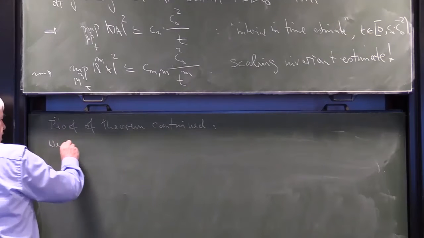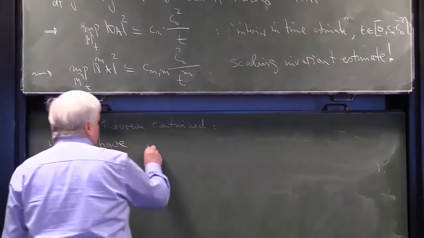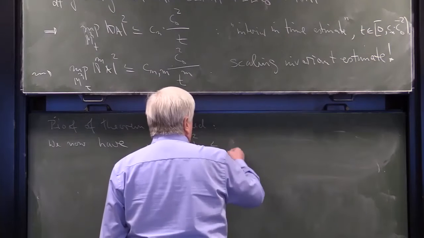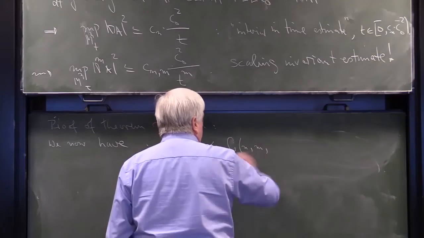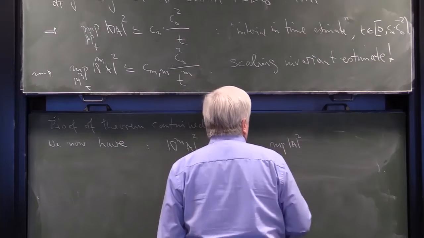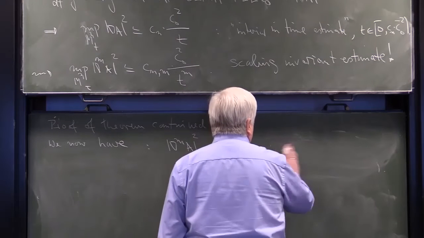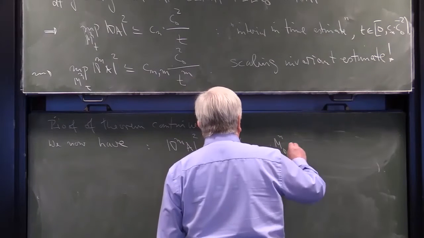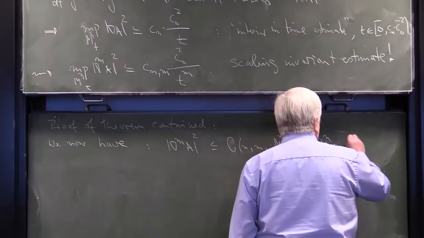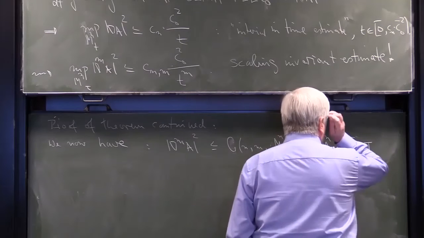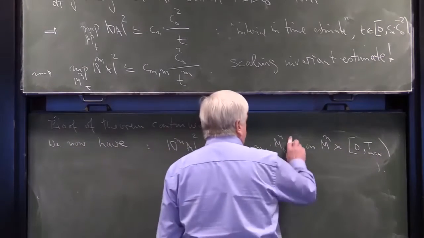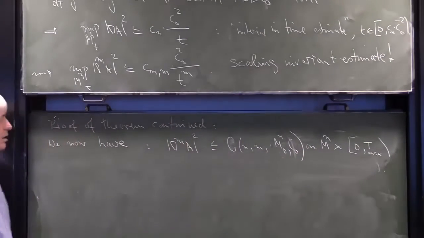We now have that the nth derivative of A squared is less than a large constant depending on n, m, and if you like, the sup of the curvature on the initial data, on M^n cross 0, T, and of course, depending on our assumption, C naught. And we have this for all n.